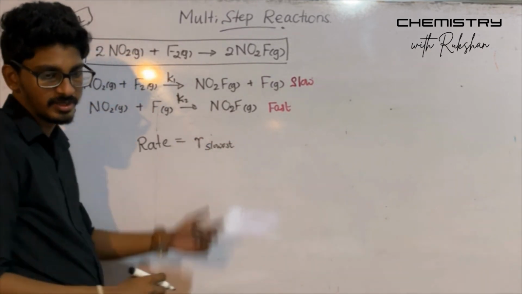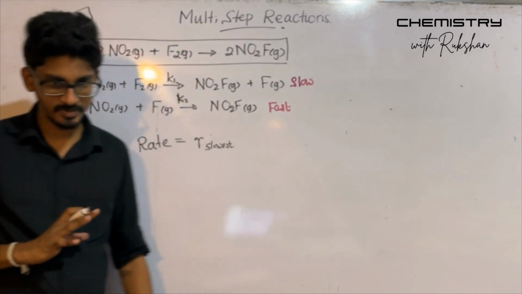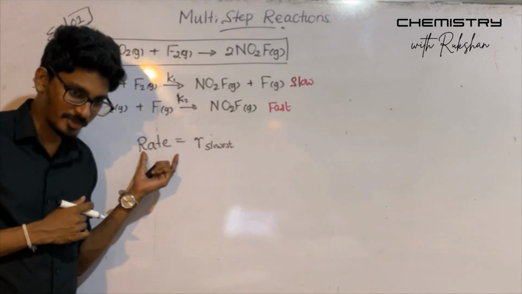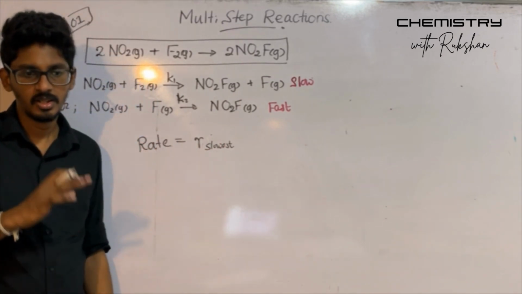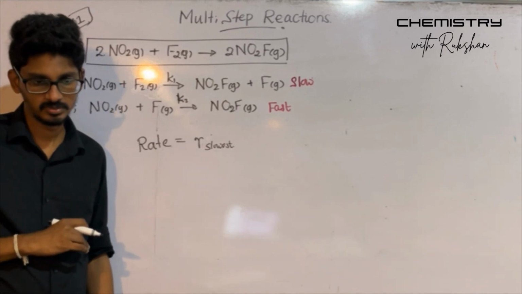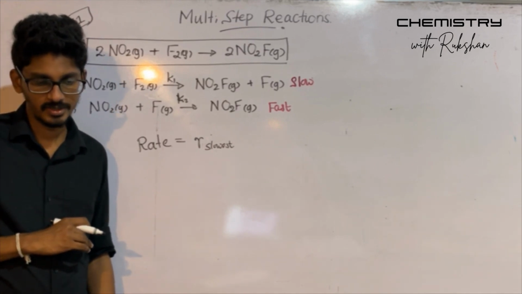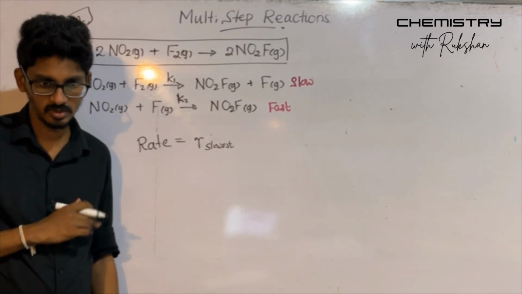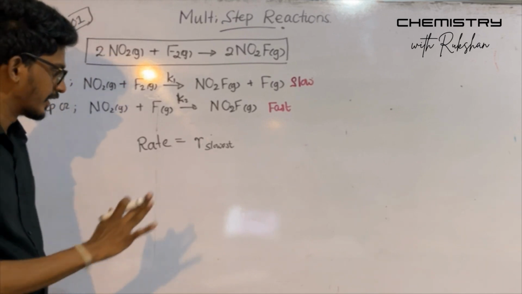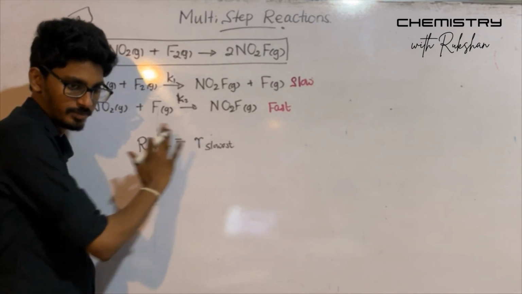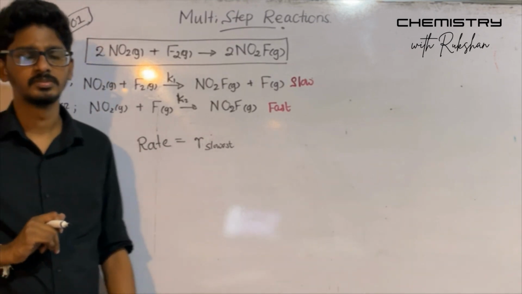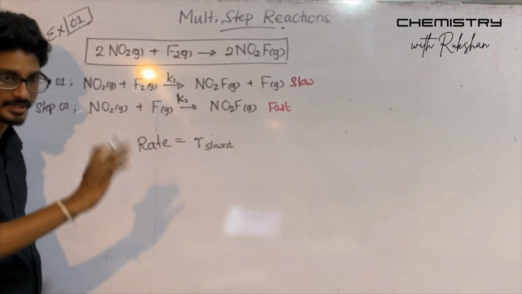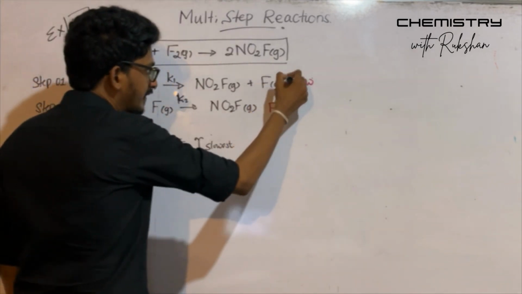Are you agreeing with me? Are you with me? The rate of the overall process is actually the rate of the slower step, or the rate-determining step. Anyone having a doubt about that? No? That is understood. This is the slower step.